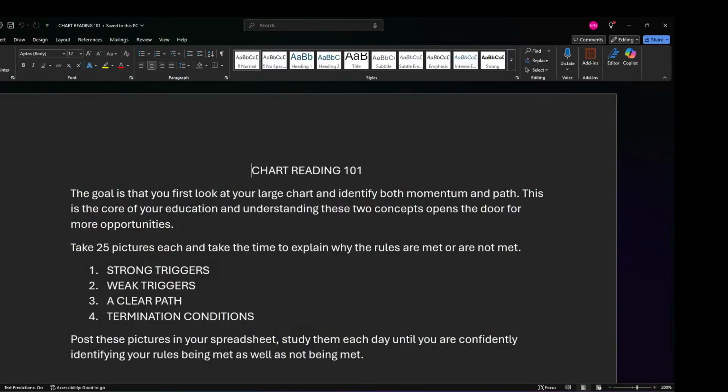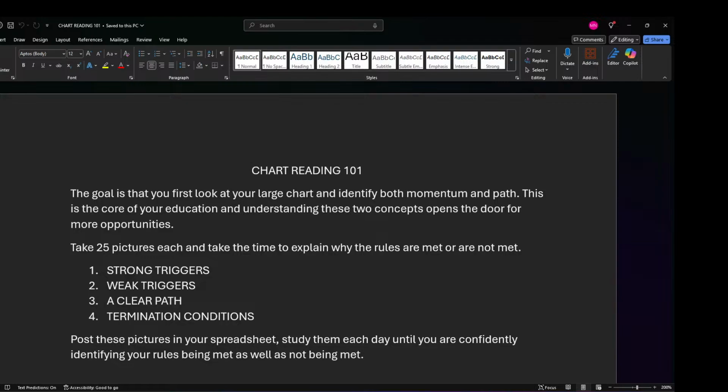All right, so for you newer guys, B. Hayes and Gary, and who else is in here that's relatively new? I came up with this a few months ago because one of the things that I found is that ladies and gentlemen, when they're new to the software, create their own reality of what it means to have strong triggers or what it means to have a clear path.